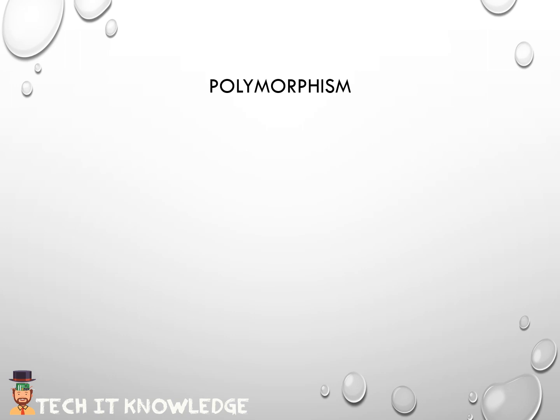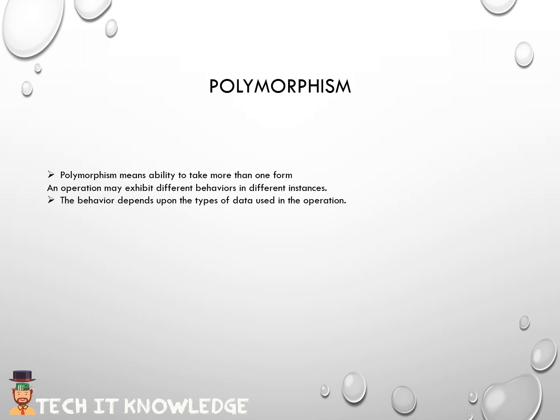So we will see the next concept, polymorphism. Polymorphism means the ability to take more than one form. An operation may exhibit different behavior in different instances. So there can be multiple methods with the same name which can perform different operations when called in different situations.